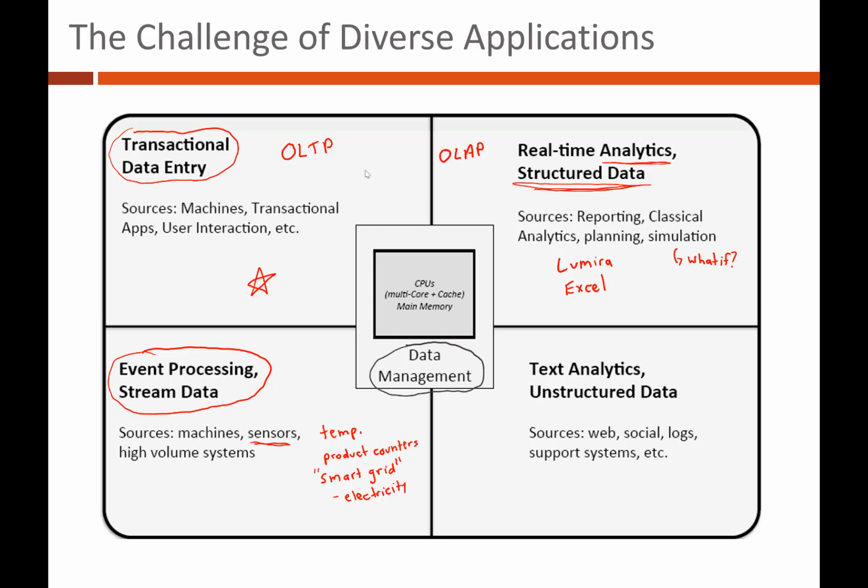If you think about it, at a really, really big company like Walmart, transactional data entry could be gigabytes of data a day. You could hypothetically even be looking at terabytes of data a day, probably nothing bigger than that.